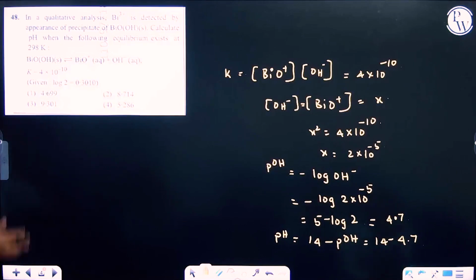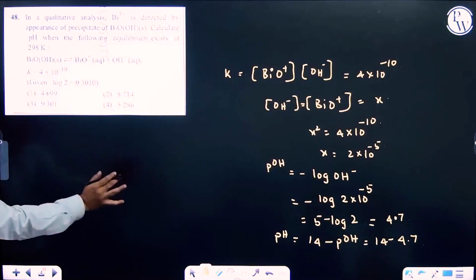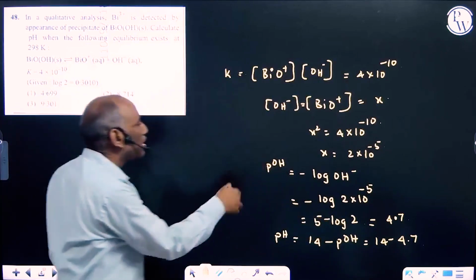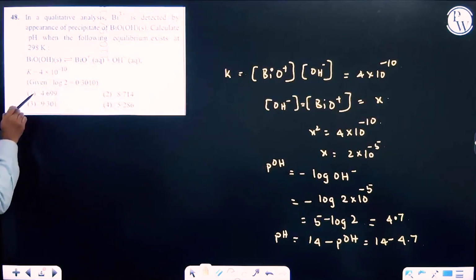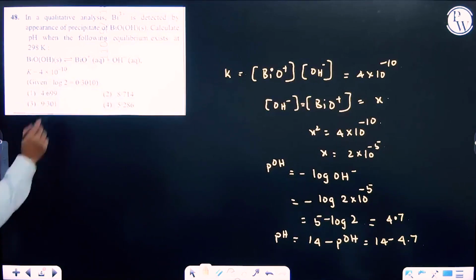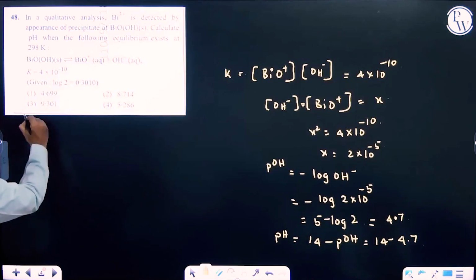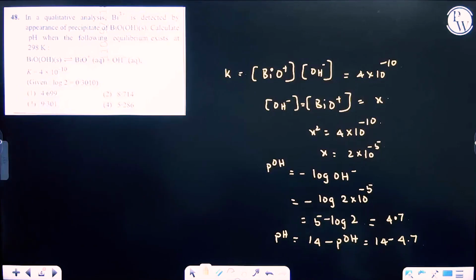So the probable mistake: as soon as you get this one, there is every chance that you may run down to the first option. As we repeatedly say, whenever you get an easy question, if you get option 1 as the answer, it is a misleading option. So don't get carried away by the options, and the answer given for this will be 9.301.